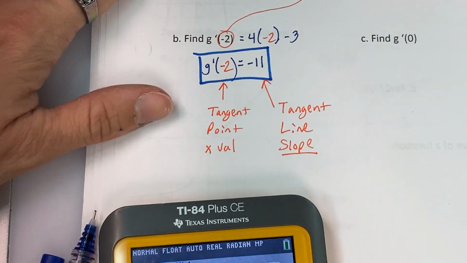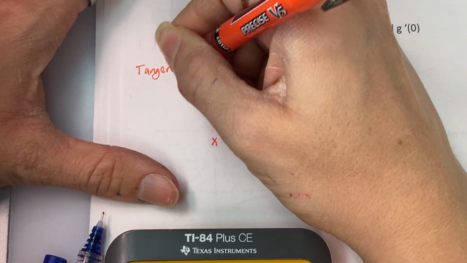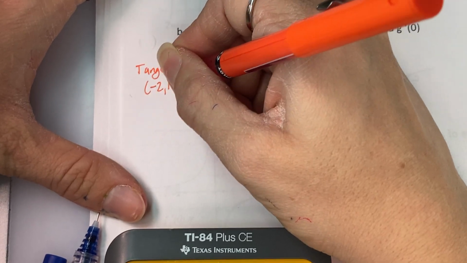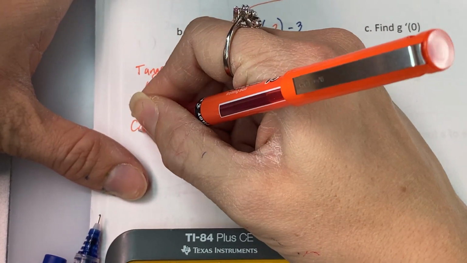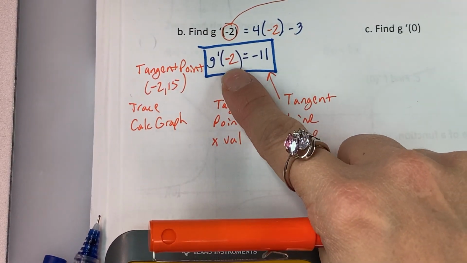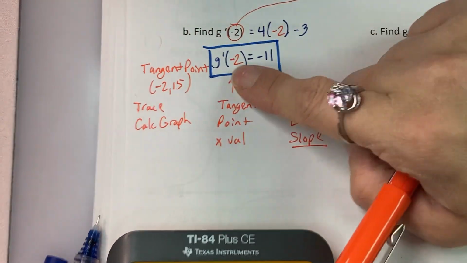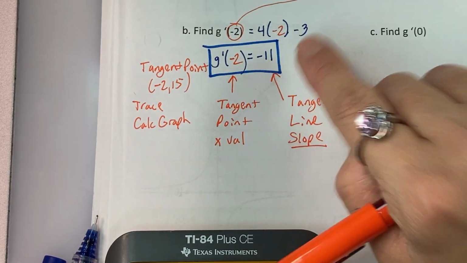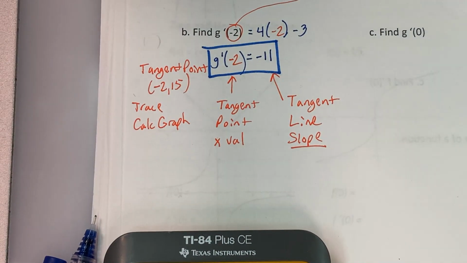So the actual tangent point is -2, 15. And again, I use the trace button on my calc graph to see what value corresponds to -2 on my actual function. That input, that x value of the tangent point, gives me that output in my derivative, which yields the tangent line slope.